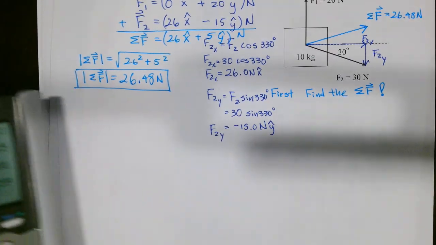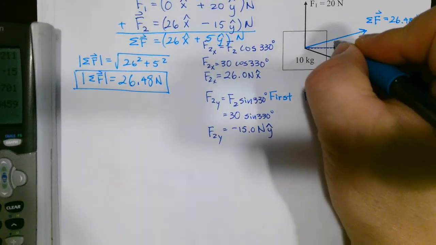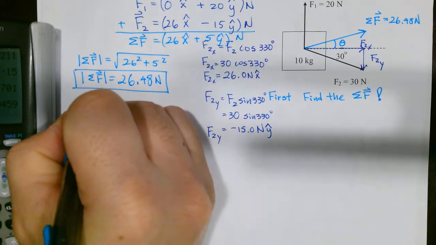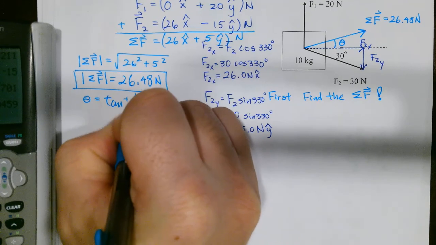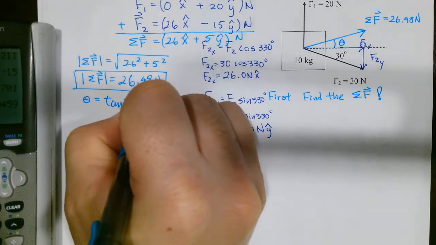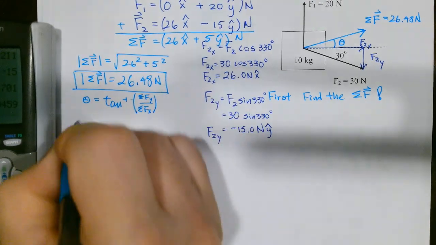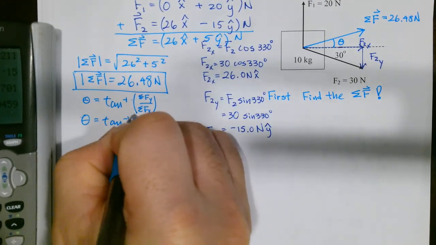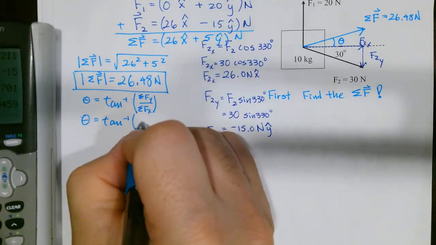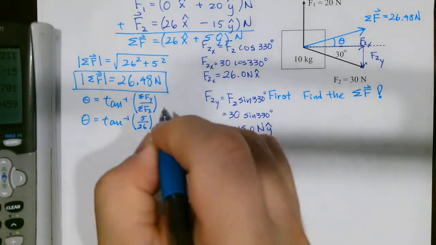What about the direction? Well, this angle theta right here, theta is equal to tan inverse of the net force y over net force x. Therefore, theta is equal to tan inverse of 5 over 26. So what is that?